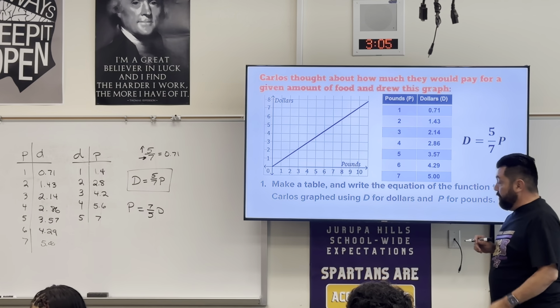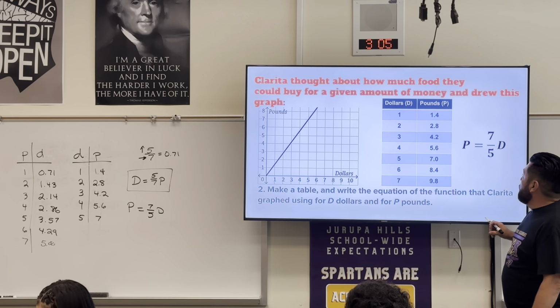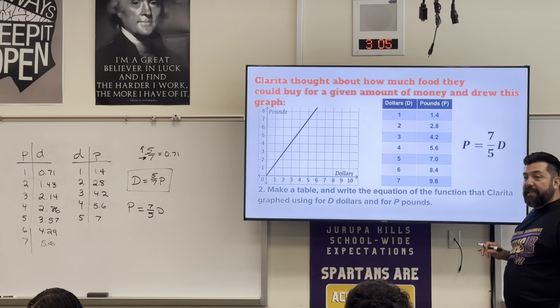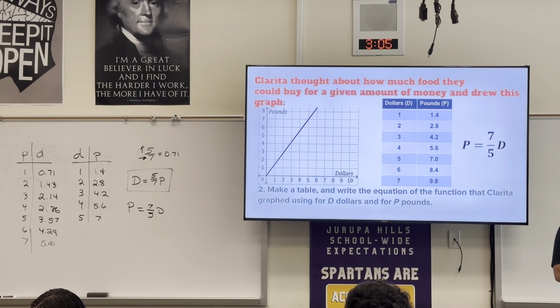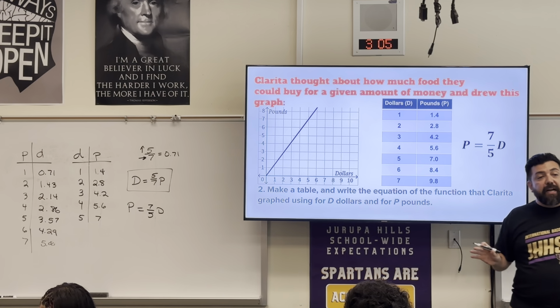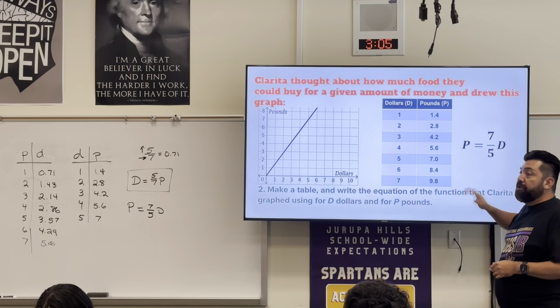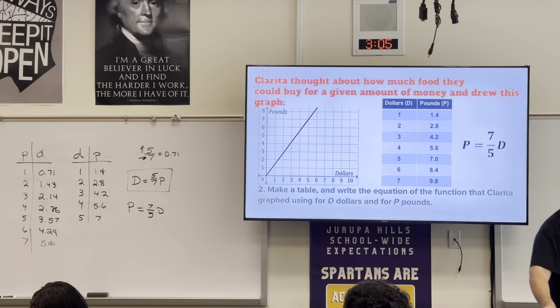So the textbook basically did it the same way that Vanessa did it, okay? Now again, if you did something a little bit different, but this equation works with the table that you created, it's perfectly fine. You don't have to erase it and change it, okay? As long as your table works with this particular equation, you'll be fine. Okay, any questions on number 2?